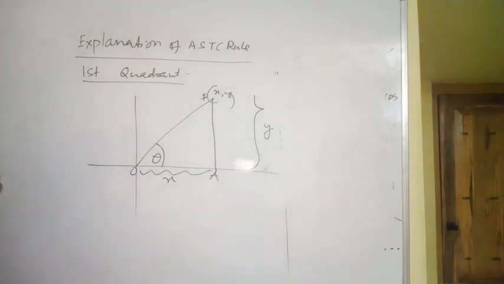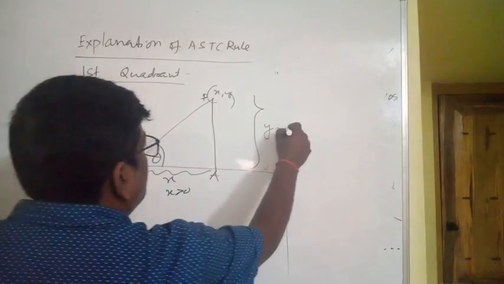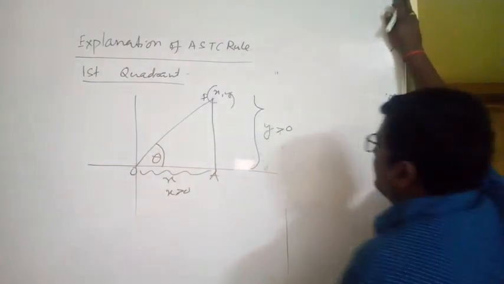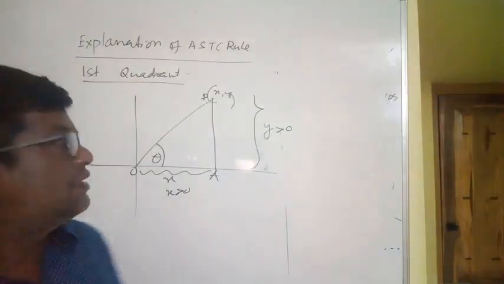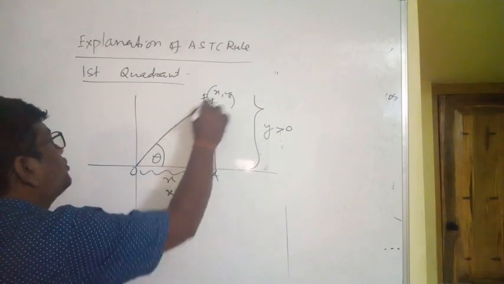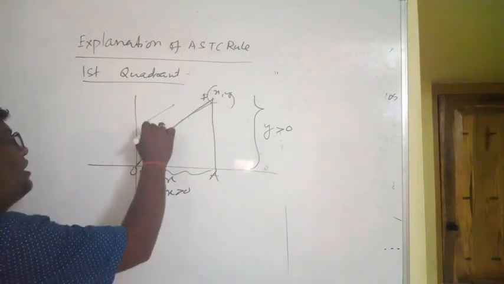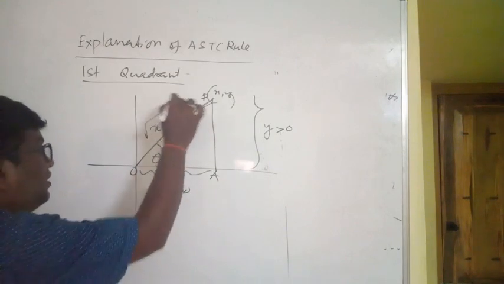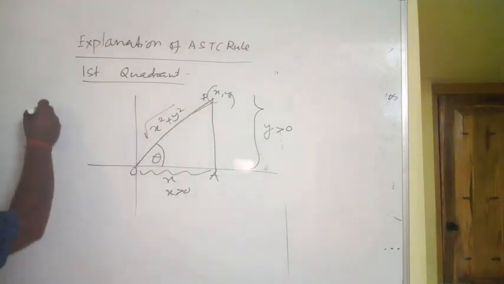Here x is greater than 0, y is also greater than 0. This length is √(x² + y²). And what is sin theta?